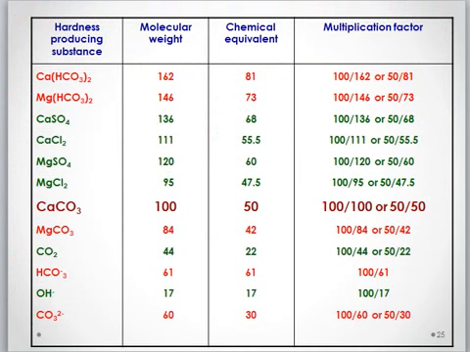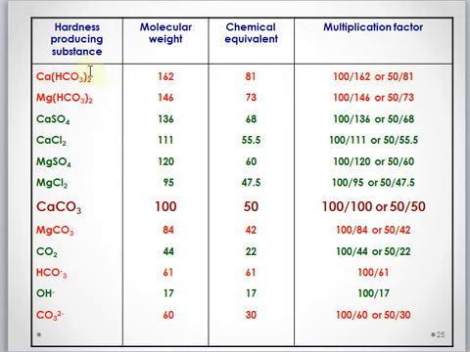Okay. So, coming to the factor that we looked at, we saw that the numerator contains the chemical equivalence of calcium carbonate, which is 100, or actually it is 50 because that is the chemical equivalence.